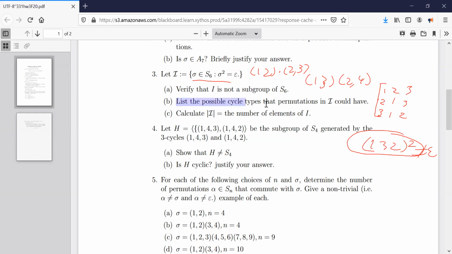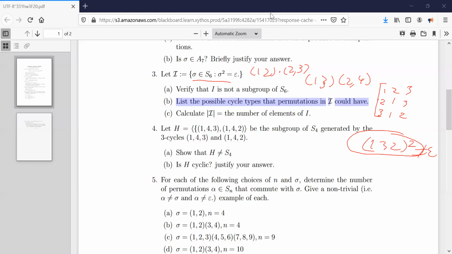So list all possible cycles that a permutation in I could have. So this is just basically saying, first off, how many 2 element cycles can we have here? 15, that sounds right.